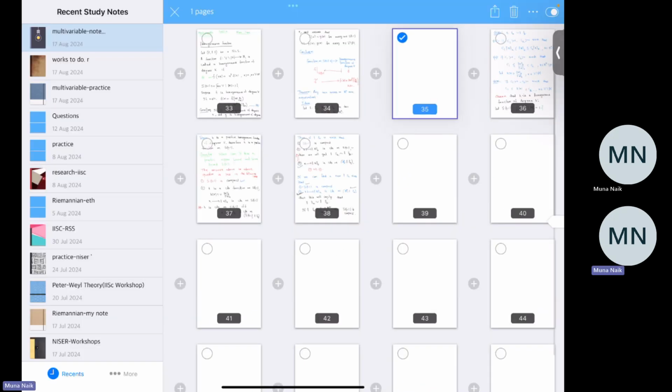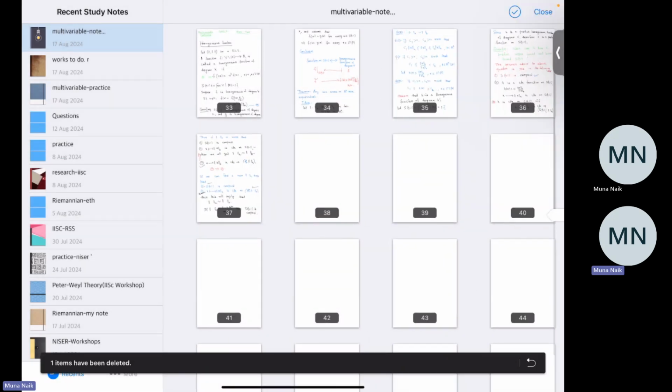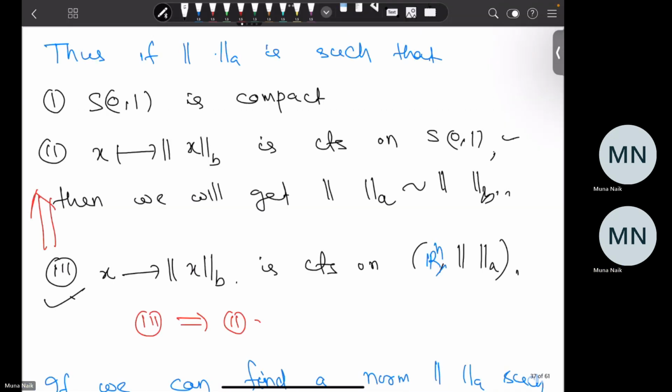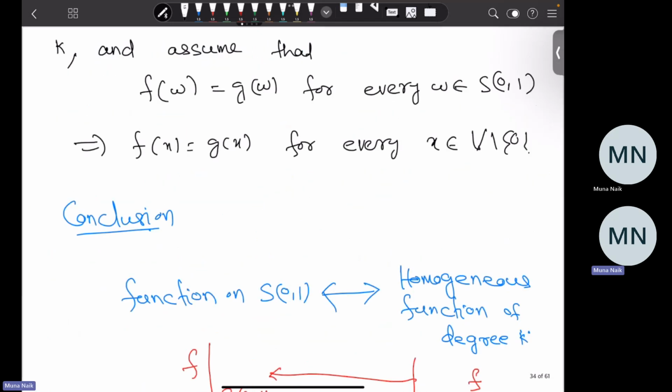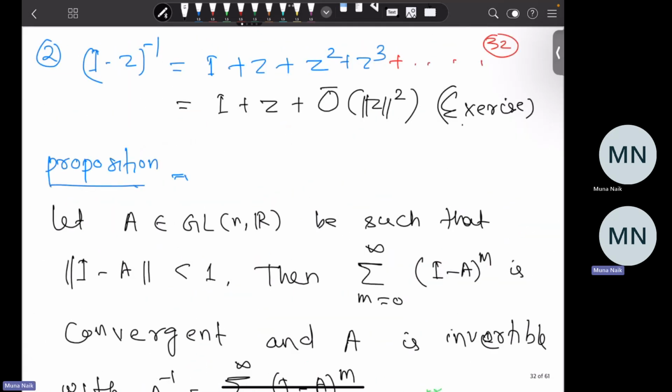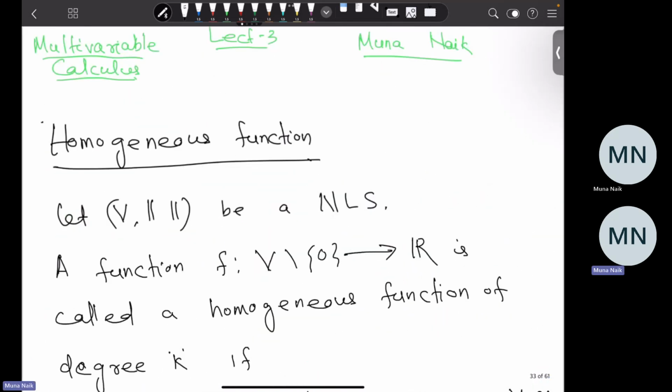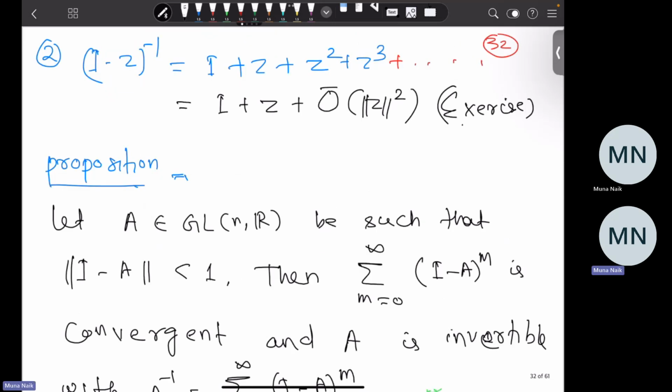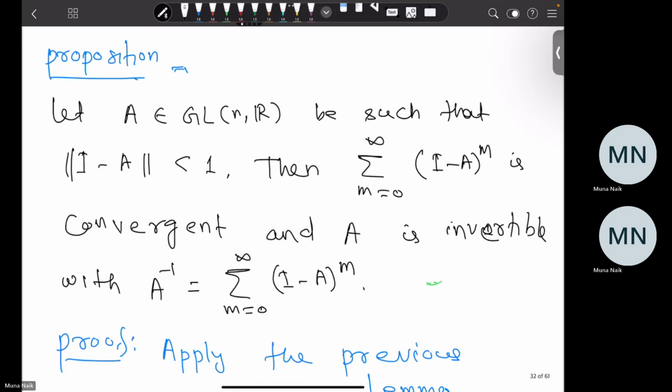So let us come back to what we were discussing in the previous class. In the previous lecture, I proved a proposition like this.